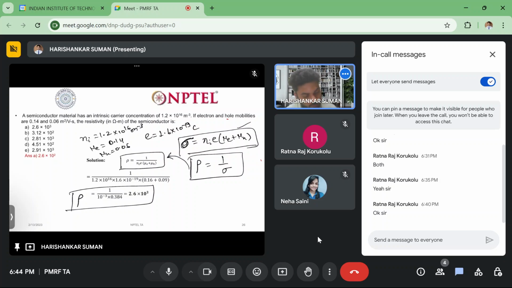So carrier concentration is given, mobility is also given. We have to find the resistivity. So put these given values in this equation, then simplify, and you will get the resistivity in ohm meter.